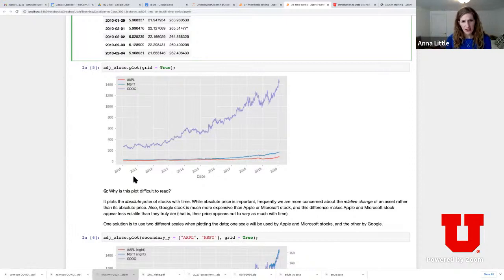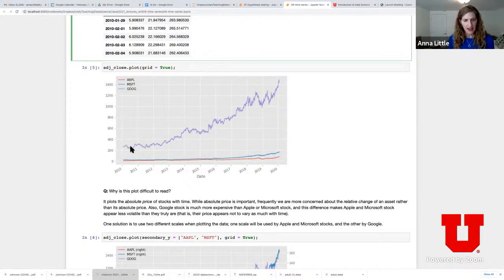Okay, so the plot's very easy to get, but it's a little bit difficult to read. It's difficult to read just because the Google stock has so much larger values than the other two that it appears a lot more volatile. It looks like it's going up and down a lot more, but that's not necessarily really the case.